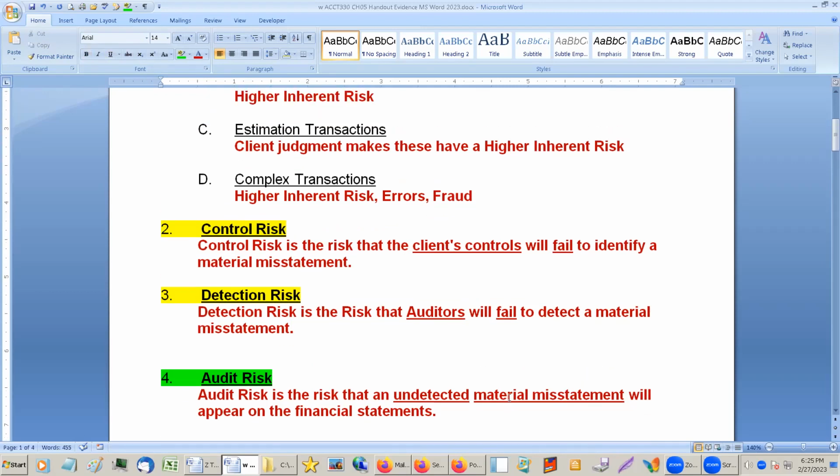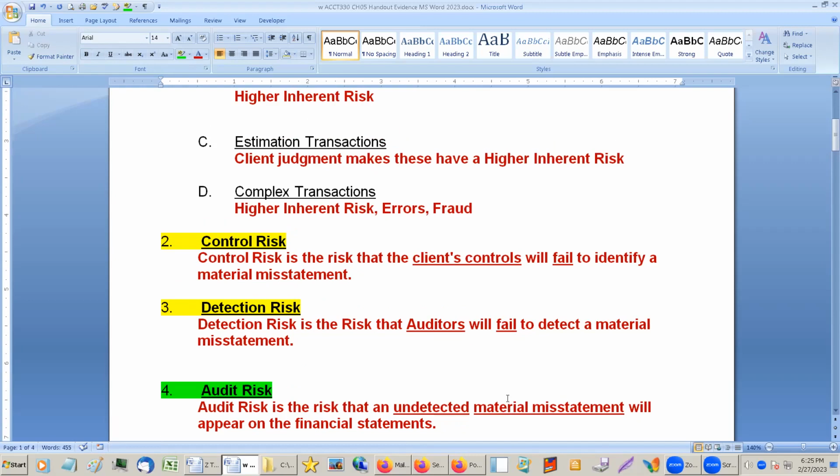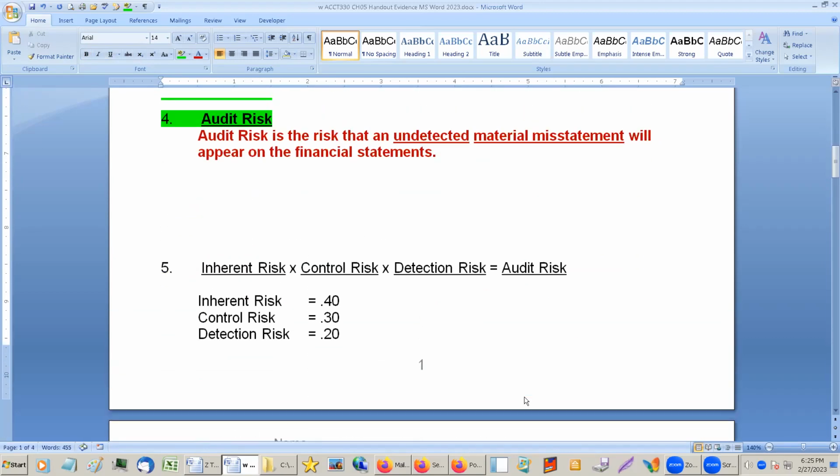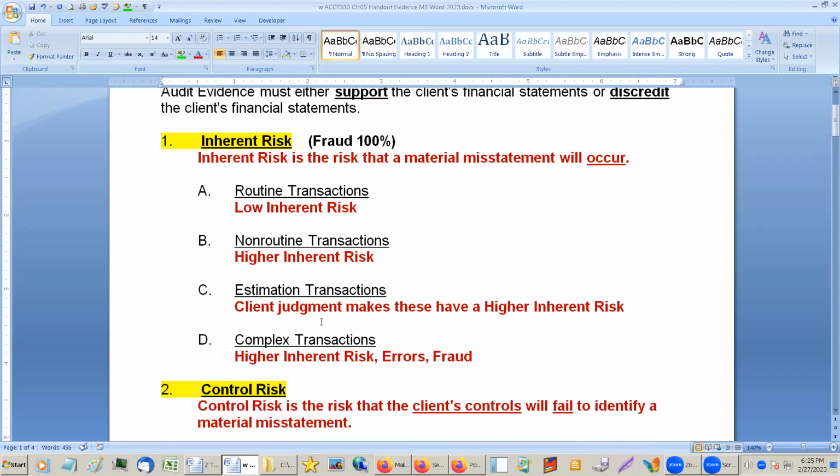Okay, so let's kind of go through and see what we have control over here. Now, I'm going to remove this for a second. Inherent risk. The auditors only assess this risk. We cannot change it.